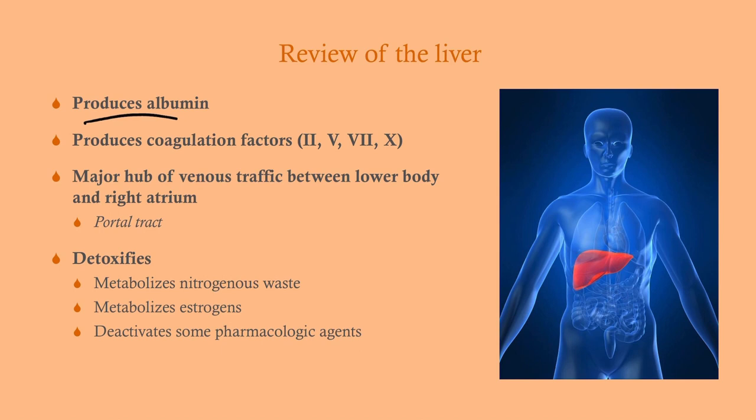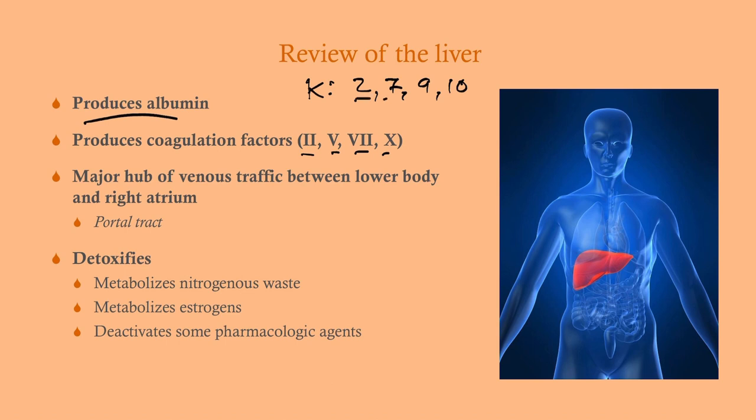Another thing that it does, it makes coagulation factors, particularly, and you need to know this, 2, 5, 7, and 10. Now, the way I like to remember the factors is that vitamin K is 2, 7, 9, and 10. And the liver is 2, 5, 7, and 10. So we talk about vitamin K, it's 2, 7, 9, and 10. 2 and 10 will always be there.